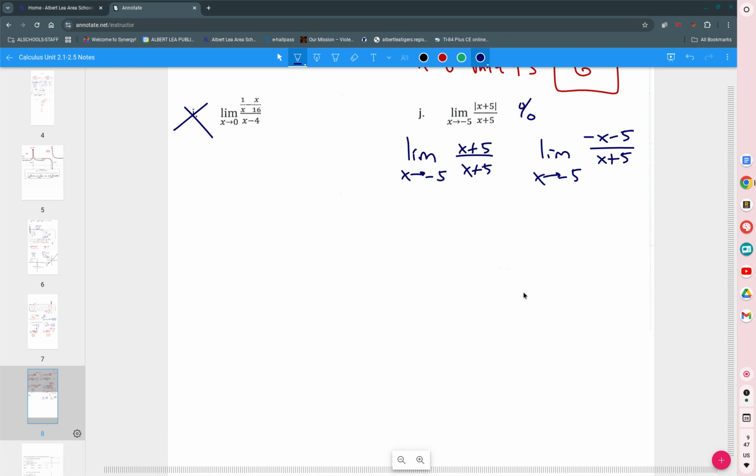As you type in -5 here, you would get 0 over 0. But remember, if we want to try to simplify this algebraically, when we remove an absolute value sign, we have to set up both a positive and a negative. And in this situation, x plus 5 divided by x plus 5 is 1. And negative x minus 5 over x plus 5 is going to produce -1. Let's see how that works with our graphing technology. So have that calculator out.